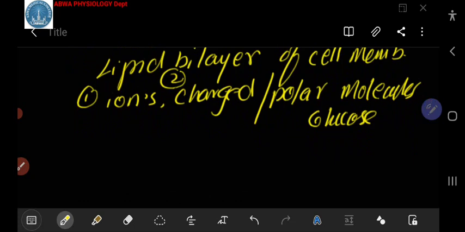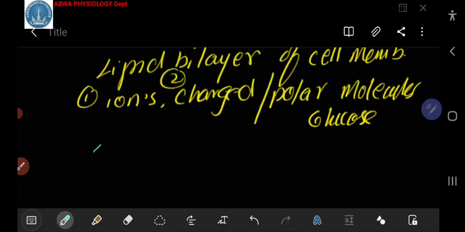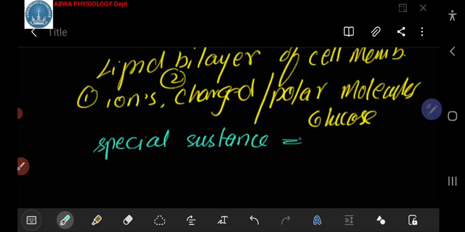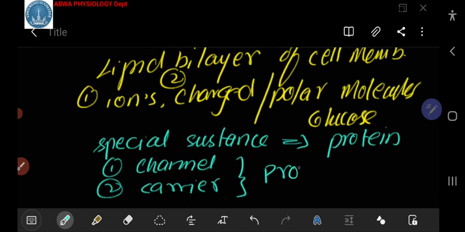They actually need a specialized protein or a special substance, that is called a protein, which may be number 1, a channel protein, or number 2, a carrier protein, whichever the case may be.